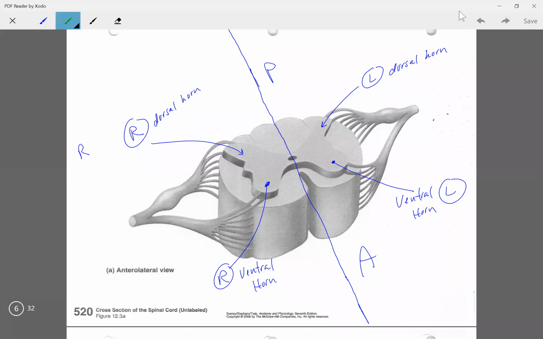So now this area has a name. That happens to be on the posterior aspect of the cord, so that makes this the dorsal root.